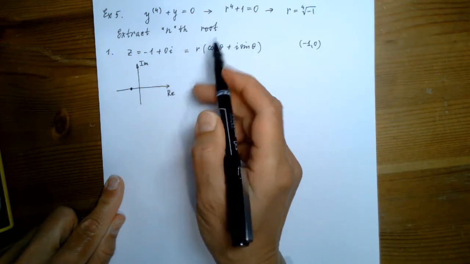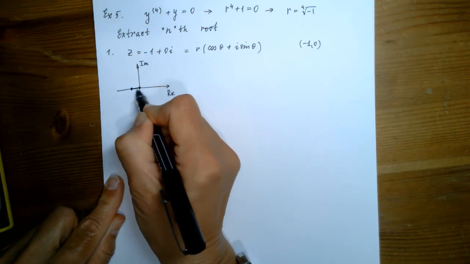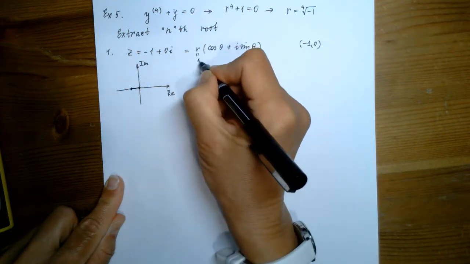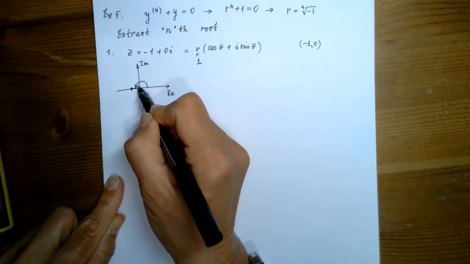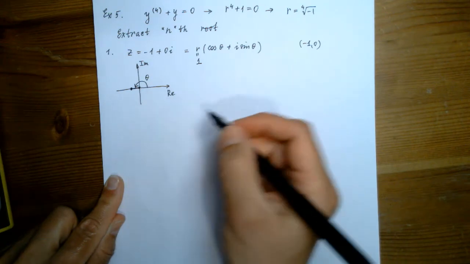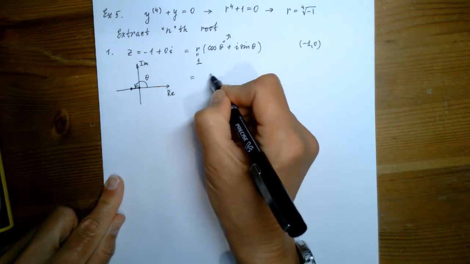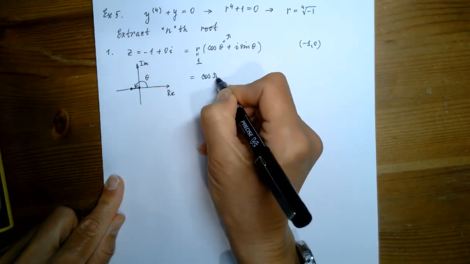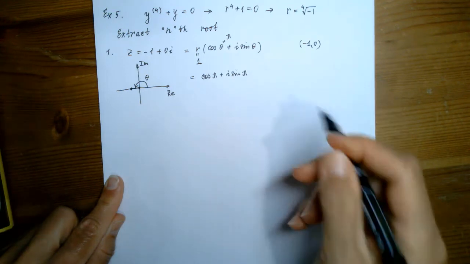The polar form of the number consists of the distance from the origin to the point, in our case equal to 1, and the angle from the positive direction of the x-axis, this is theta. In our case, it is pi, right? So I'm going to write it down: cosine of pi plus i sine of pi.